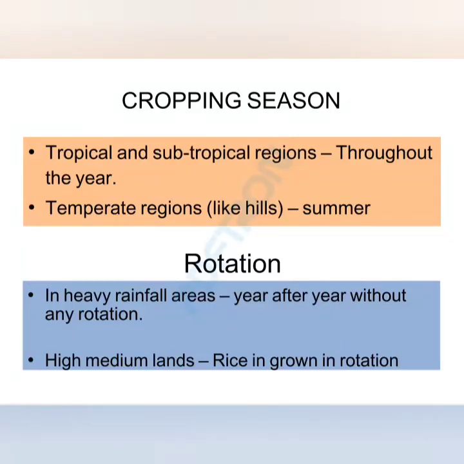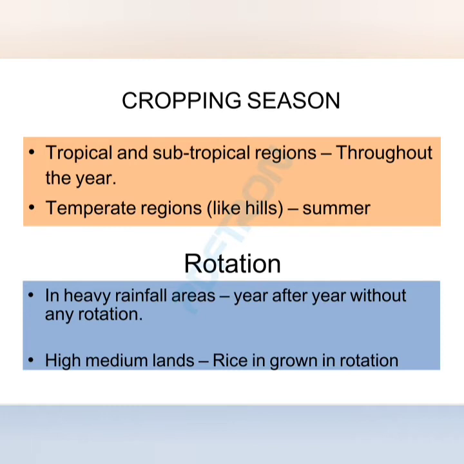Since India has varieties of climatic conditions, the growing season of rice depends on the climatic conditions in different parts of India. In temperate climate, rice grows in the warmer part of the year. But in tropical and subtropical climate, it can grow throughout the year.